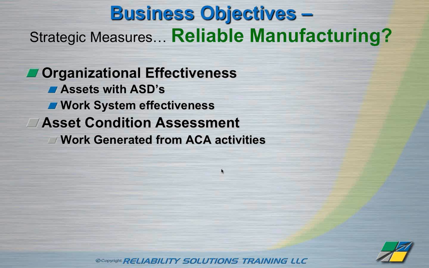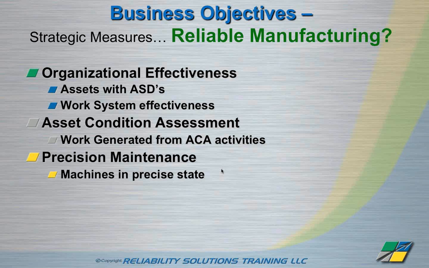How much of your work is generated from some form of condition monitoring? If 80% of our failures are random in nature, then it should follow that 80% of our work, or somewhere in that vicinity, should be generated from condition monitoring.